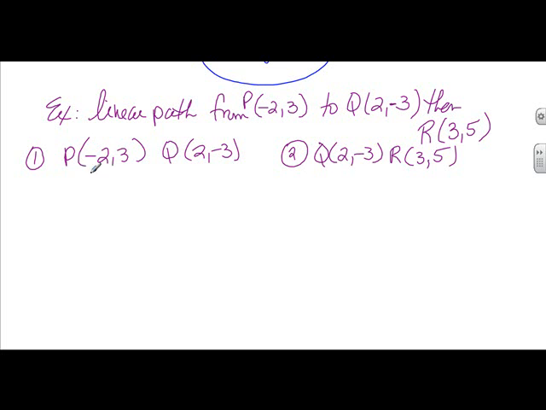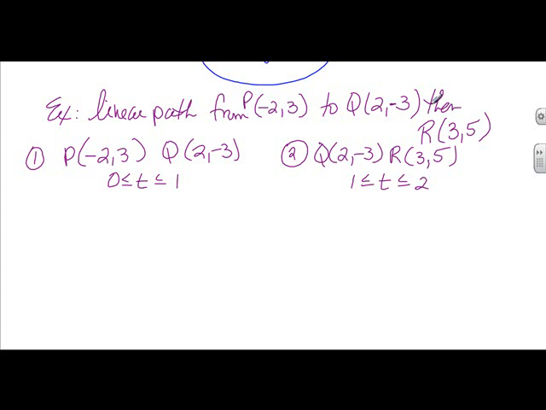I'm going to use a parameter interval from 0 to 1 to get us the first leg of this path, and then I'm going to use a parameter interval from 1 to 2 to generate the second part of the graph.